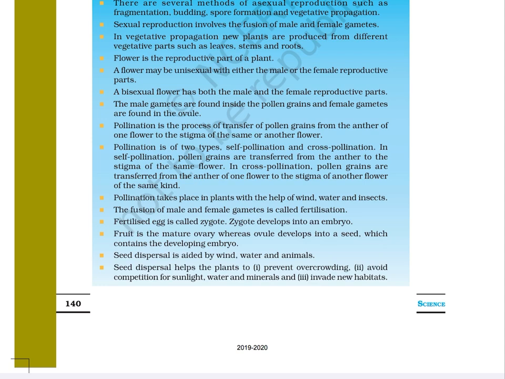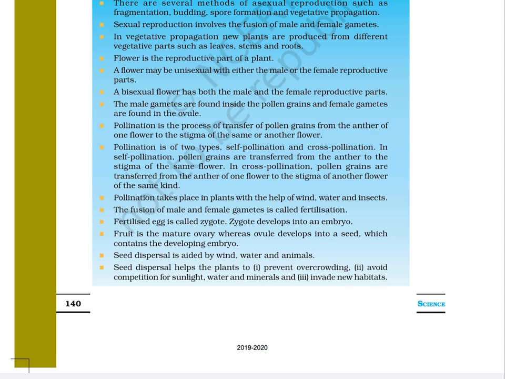In cross-pollination, pollen grains are transferred from the anther of one flower to the stigma of another flower of the same kind. 12. Pollination takes place in plants with the help of wind, water, and insects.